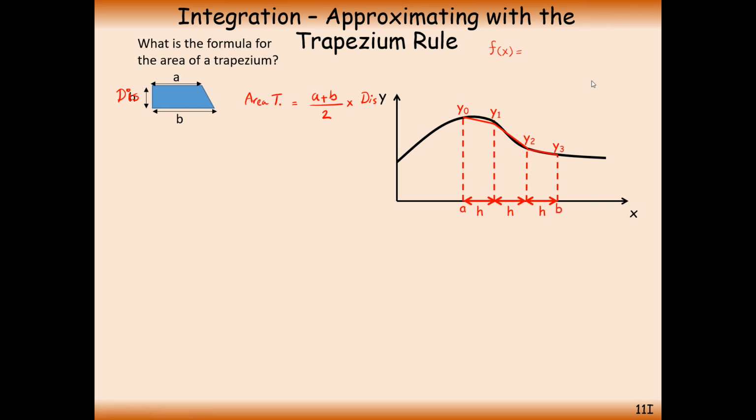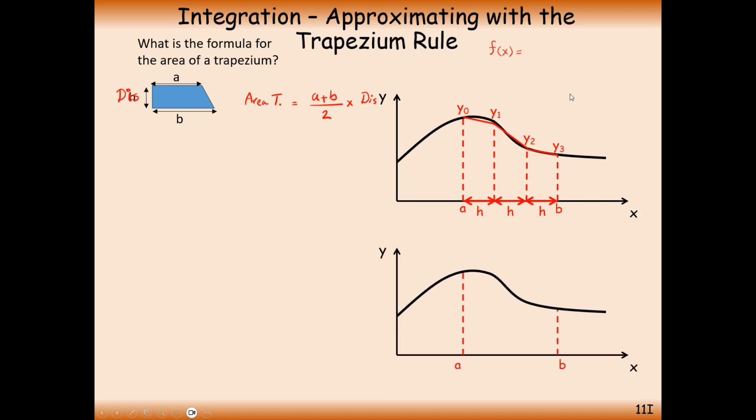As we add more and more trapeziums under the same interval, let's say interval A to B was initially divided into three trapeziums, but if we add more and more trapeziums, we'll have a better approximation because there would be less of an underestimate and less of an overestimate.